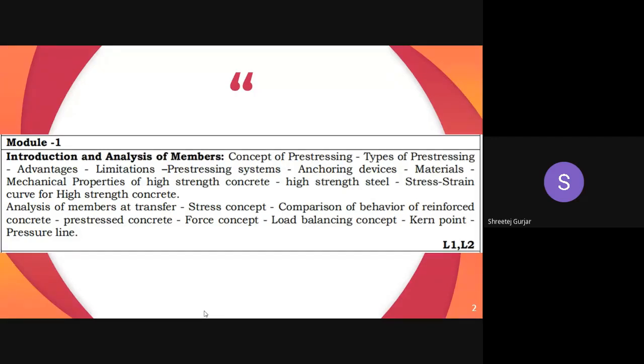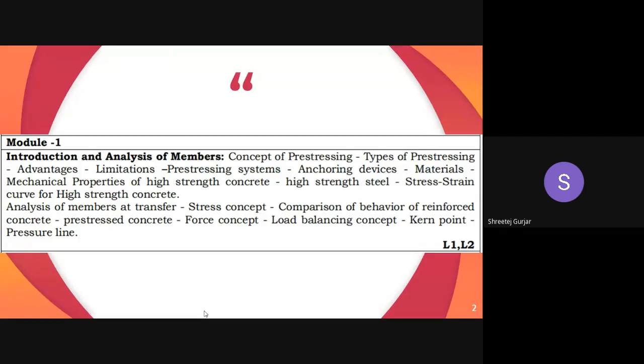You can just open that page and write it down. The anchorage devices, everything is mentioned. I don't think advantages and limitations are mentioned. But regarding the mechanical properties of concrete and steel, the stress strain curve also is shown. All those things are there. Then analysis of members at transfer is there in your code book.